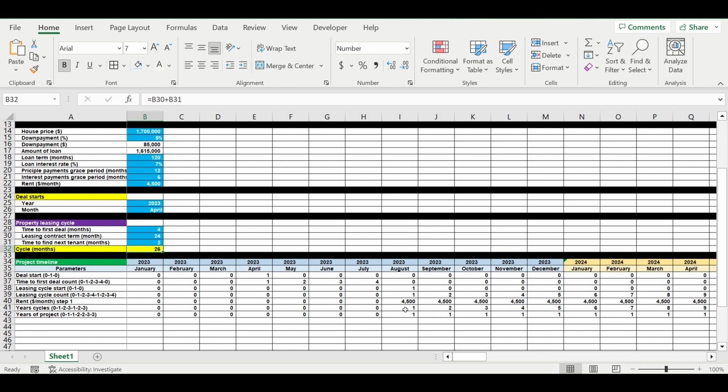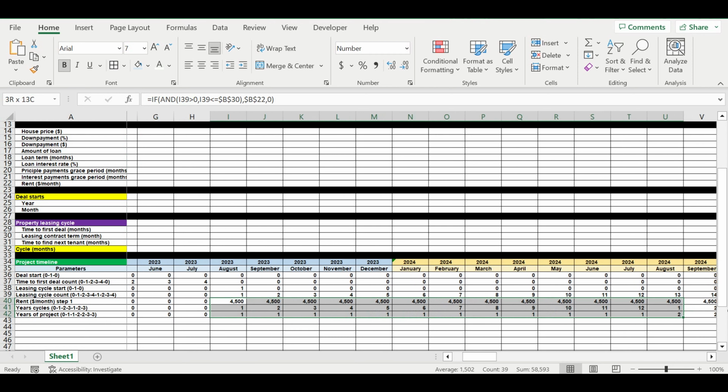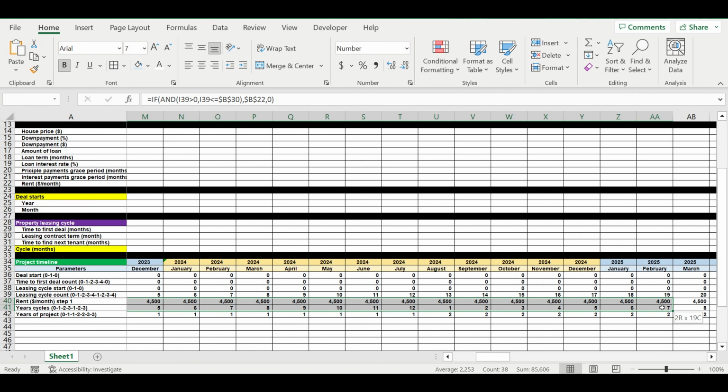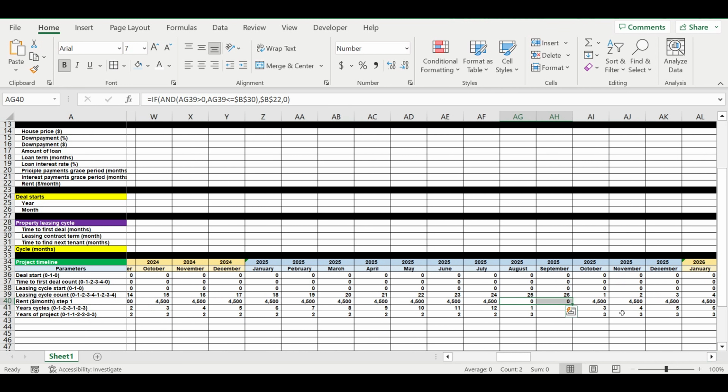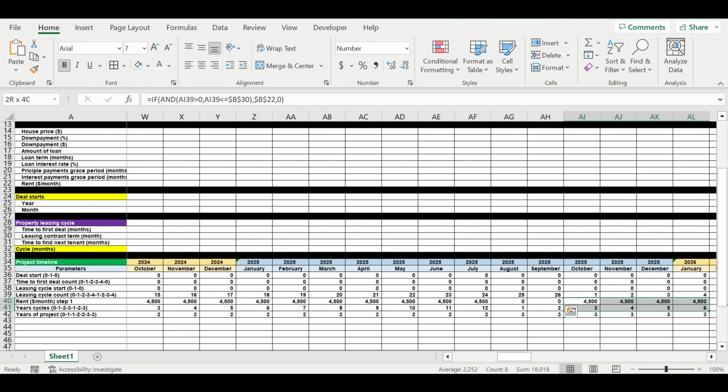So this is the moment when we started the project. So here is 24 months of the revenues. Then we have 2 months when we are searching for a new tenant. Then a new leasing agreement begins.